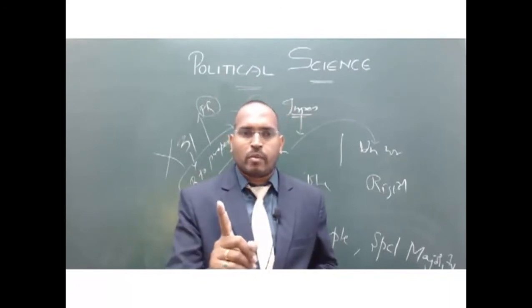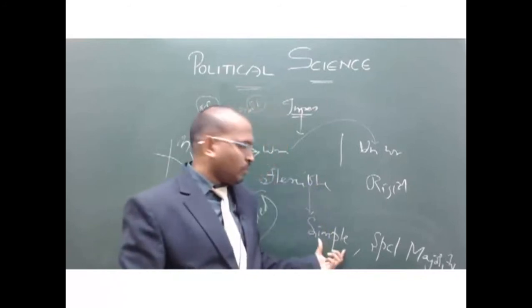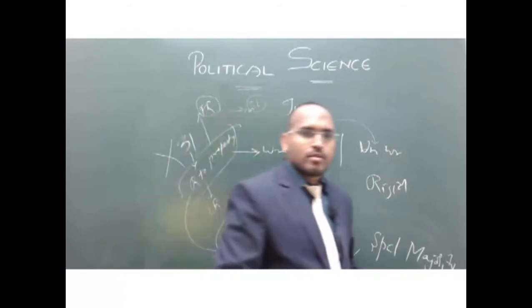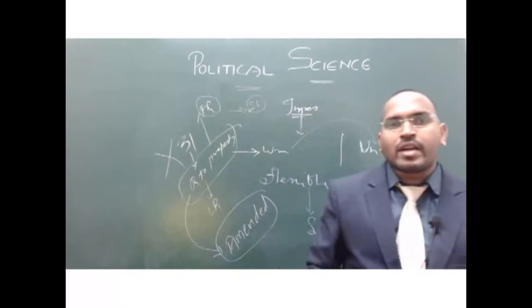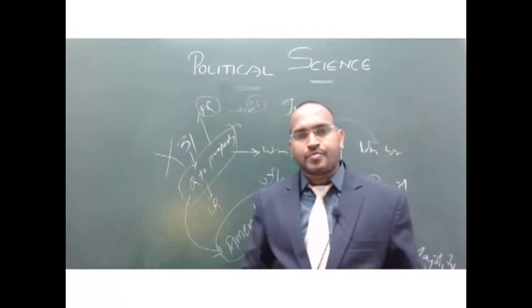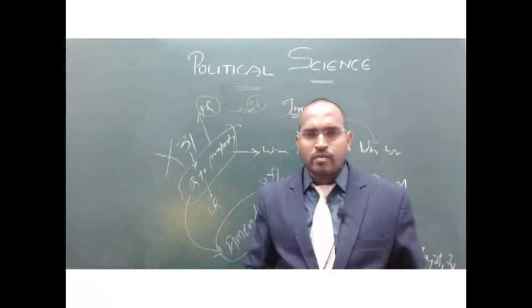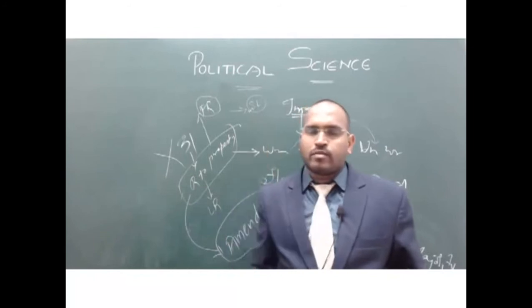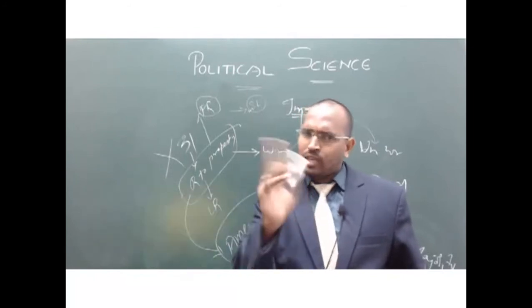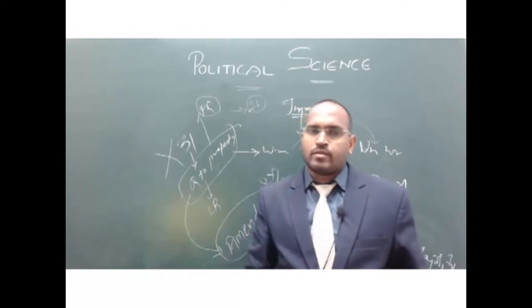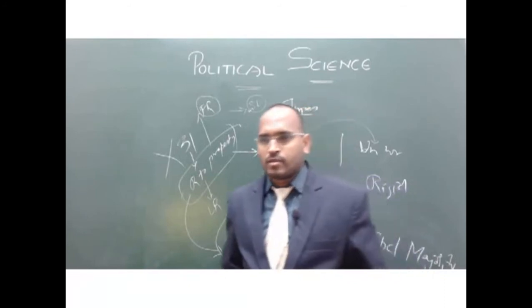That is a simple majority. For example, 545 members are there in the Lok Sabha. More than half of the 545, one more than half is enough. That is a simple majority.